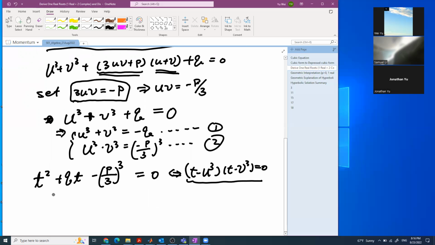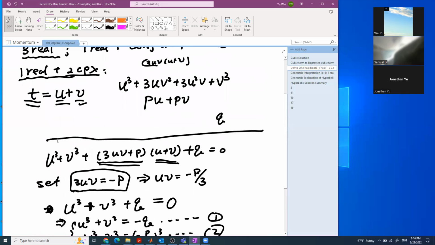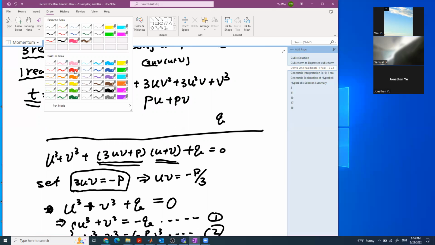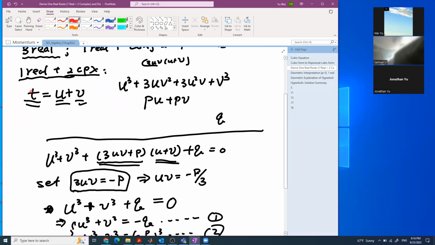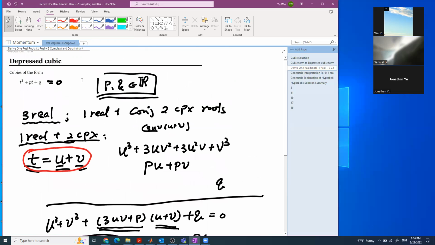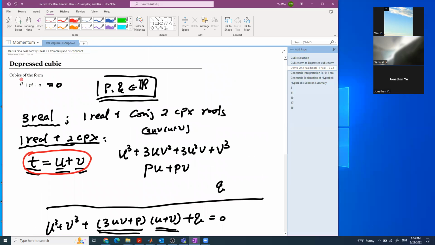What should we do in the next step? Think about it. Let me highlight what we are doing. The goal is to solve for the real solutions of t in this depressed cubic equation.